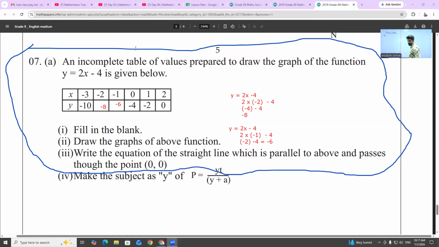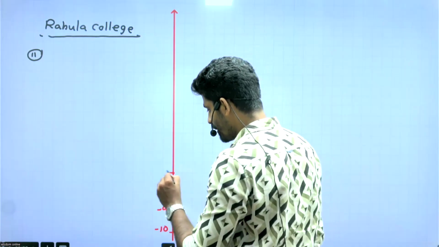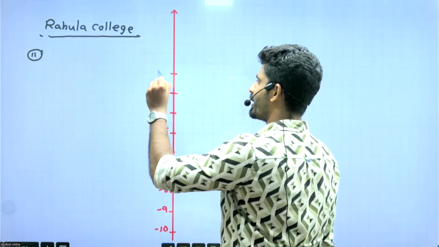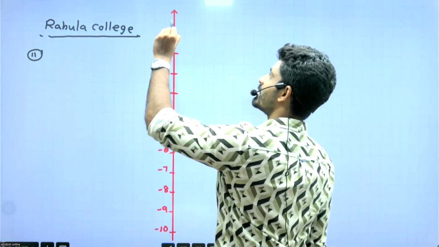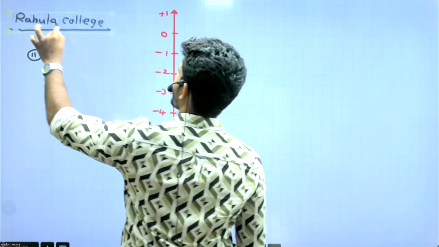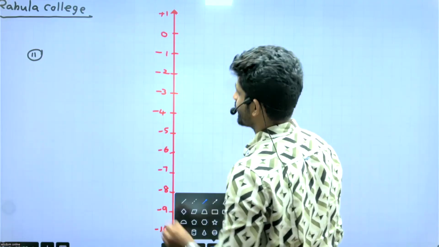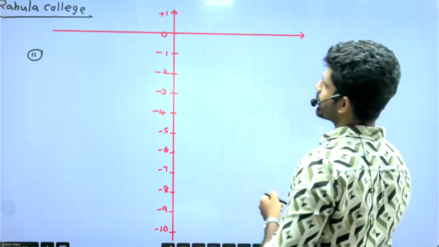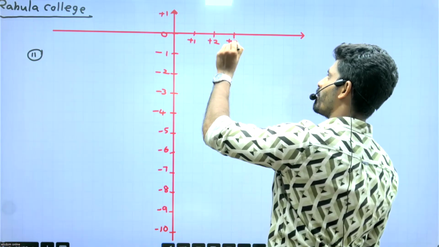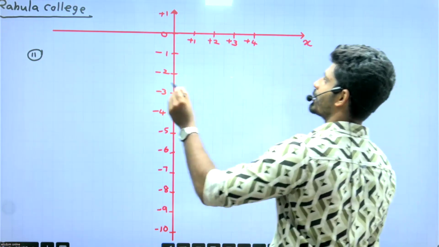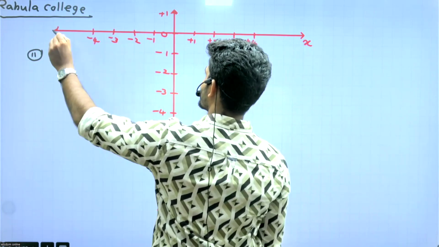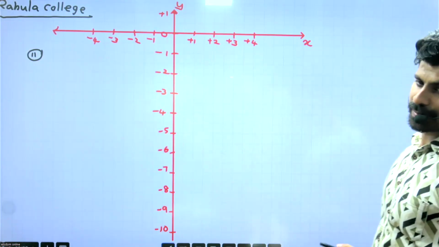Minus 9, minus 8, minus 7, minus 6, minus 5, minus 4, minus 3, minus 2, minus 1, 0, then plus 1, plus 4, and next, minus 1, minus 2, minus 3, minus 4, then y.